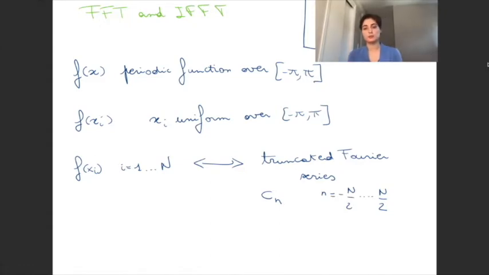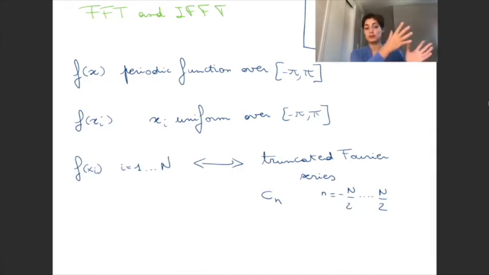So if you have information about f of xi for a finite number of points xi, then you can compute a truncated Fourier series. And if you're doing this numerically, it doesn't make sense to compute more than the complex Fourier coefficients with indices ranging from minus n divided by 2 to n divided by 2. The idea is that the information that you have about the function doesn't increase while you're doing the Fourier transformation.